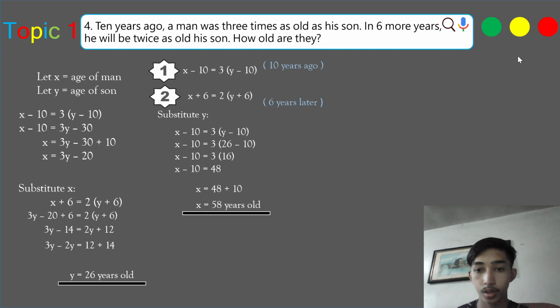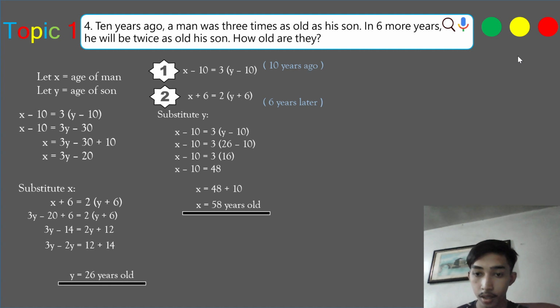Then substitute the y. So our equation is x minus 10 is equal to 3 times y minus 10. So we have x minus 10 is equal to 3 times 26 minus 10, because the y is 26, the age of the son.